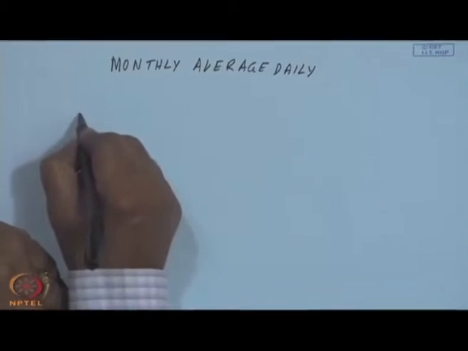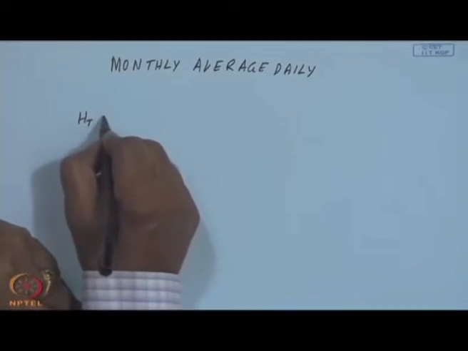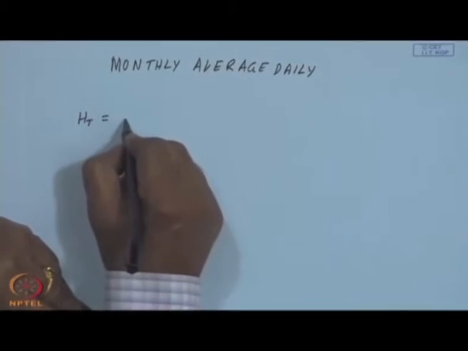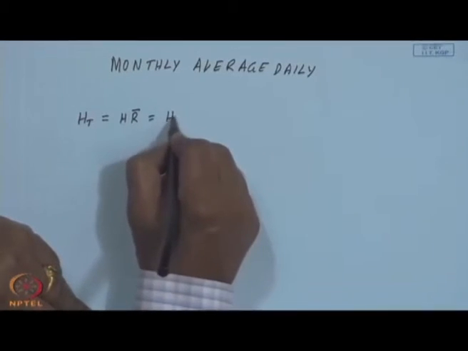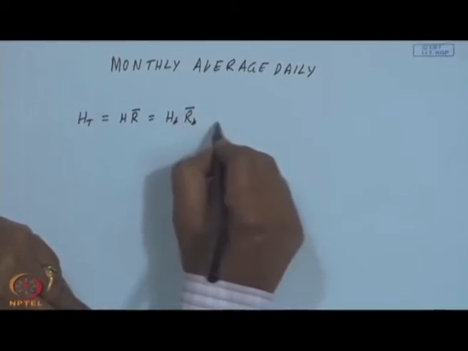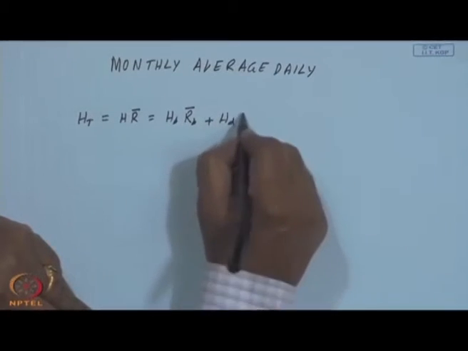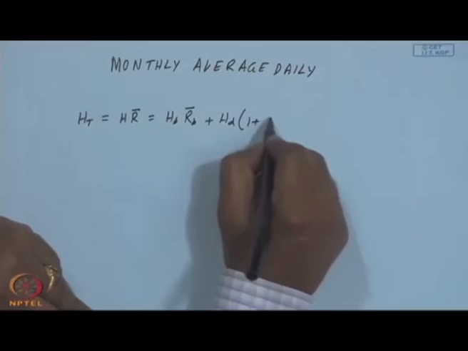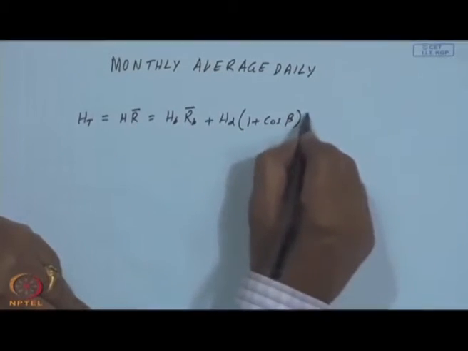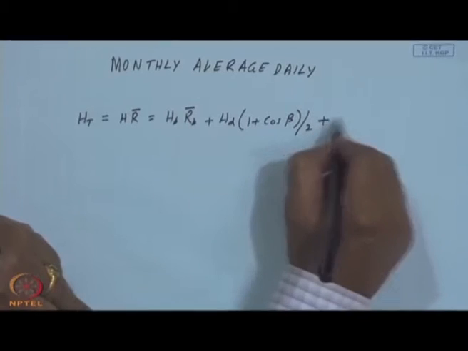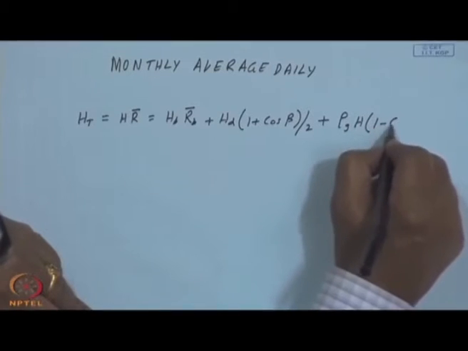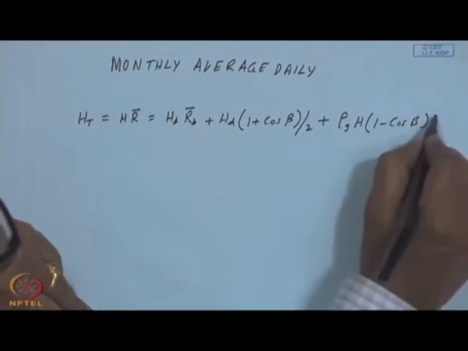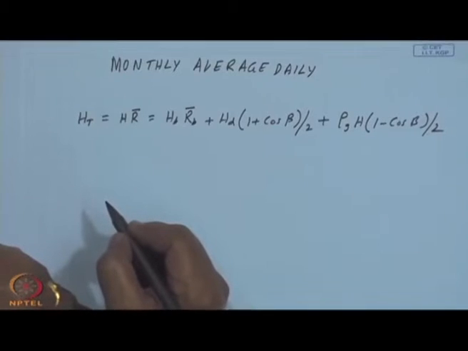So, if you recall, the tilted radiation on a surface on an average day is given by this equation, where H b is the beam component of the radiation and H d the diffuse component of the radiation, and rho g the ground reflectivity, beta is the tilt of the surface.